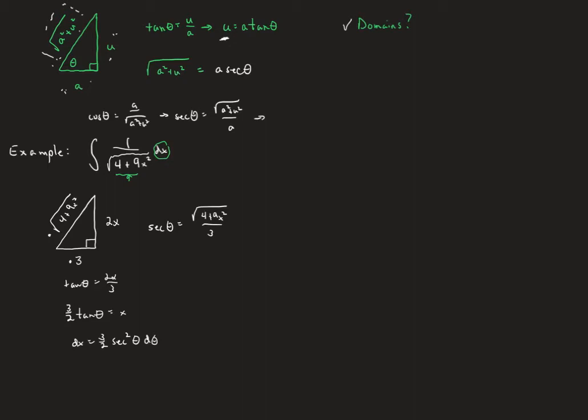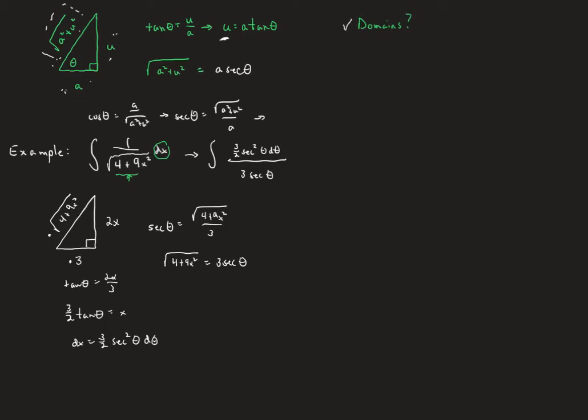And so then it's easy to solve for the radical and say that the square root of 4 plus 9x squared is going to be 3 secant theta. And that's really all our integral had, the radical and the dx. So we are going to replace this integral with the dx, which is going to be 3 halves secant squared theta d theta, all over the radical, which is 3 secant theta.